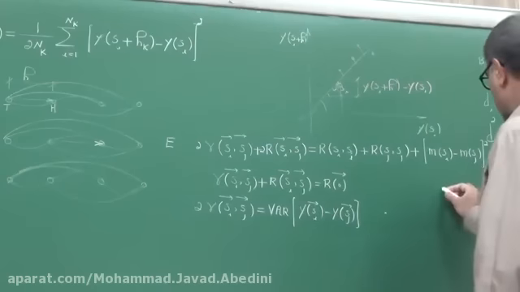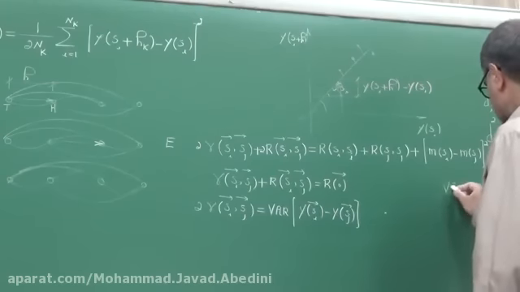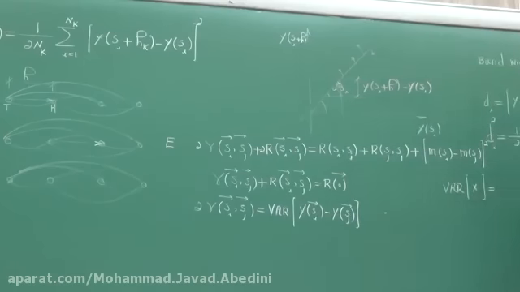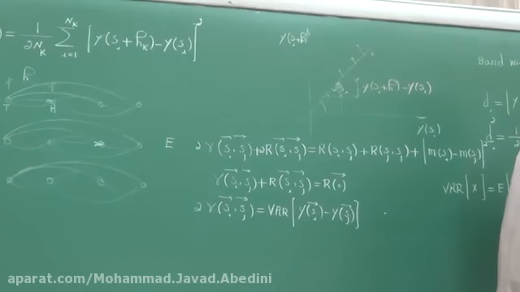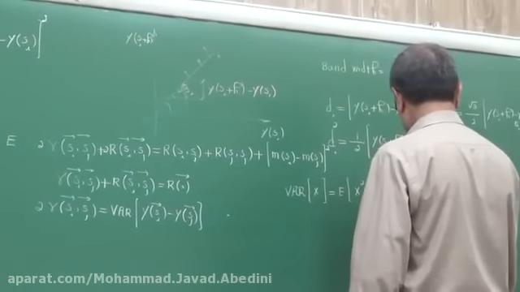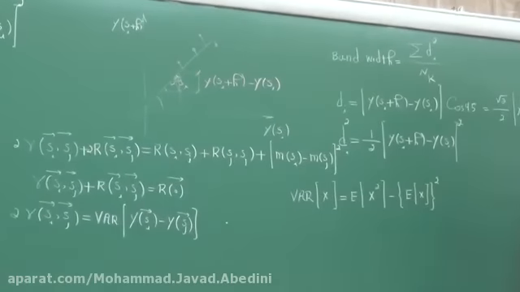If you define variance of a typical random variable to be expected value of x to the power of 2 minus expected value of x to the power of 2, that is the definition of variance.